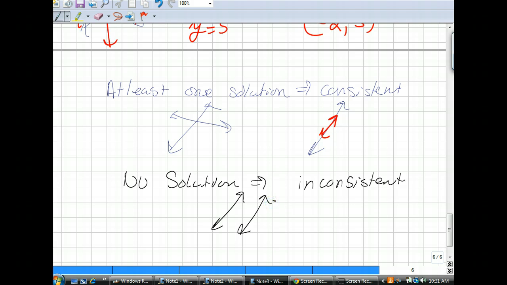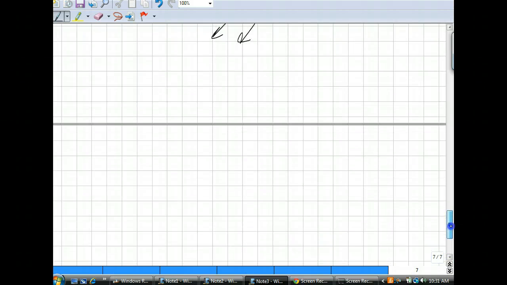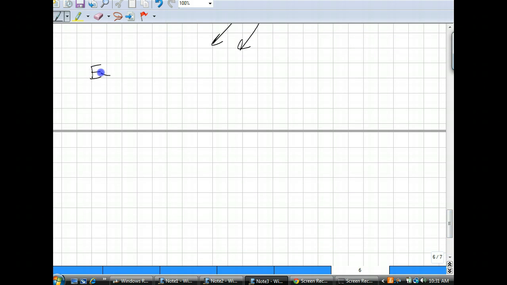Well, how do we know if we don't graph them and we use one of the other two methods for solving? Well, here's an example. Let's say I have 2x minus y equals 7 and 4x minus 2y equals 9.